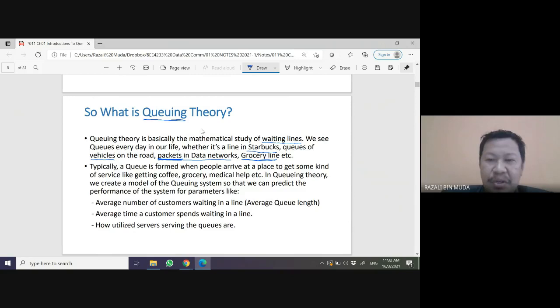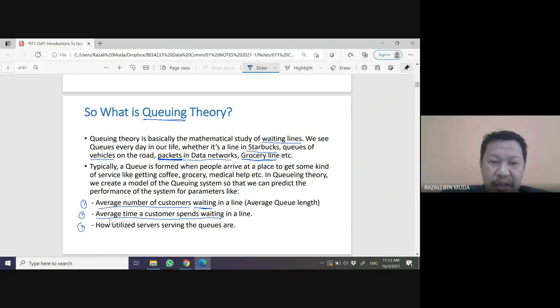In queuing theory, we create a model of the queue system so that we can predict the performance of the system for parameters like, first, the average number of customers waiting. Second, the average time each customer spends in the line.